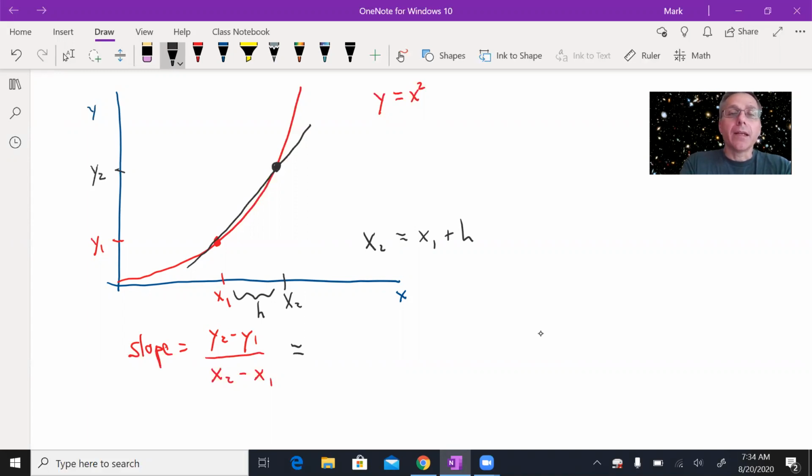Okay. So the y values for any x value are given by the function. What that means is the y value of the second point, y2, is x2 squared. The y1 value for the point that we're after would be x1 squared.